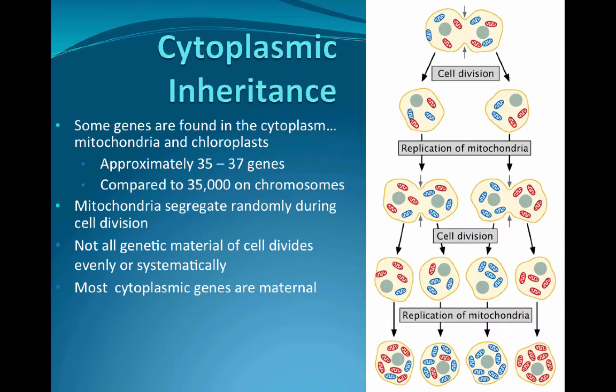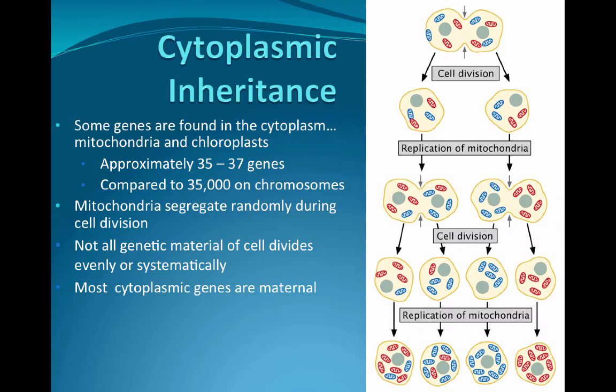In the mitochondria, there's approximately 35 to 37 genes that encode that DNA. And that's very, very small compared to the nuclear chromosomes. However, cytoplasmic inheritance becomes a big deal because during segregation, the mitochondria is going to segregate randomly during cell division.